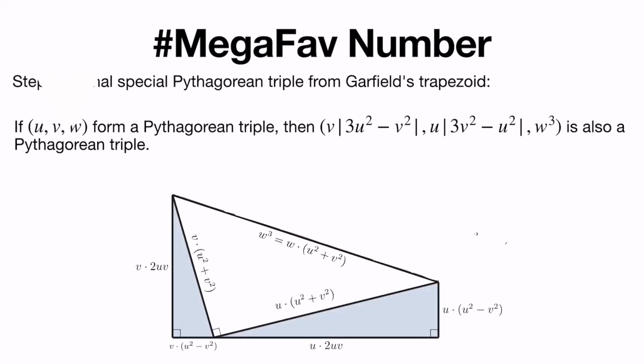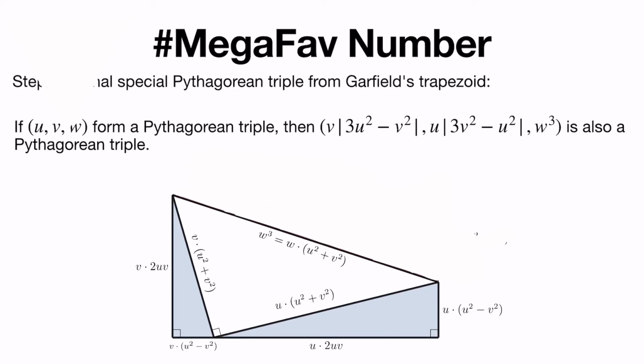Here's how this works. This is a picture of Garfield's trapezoid. You can see that the white triangle that's not shaded comes from the Pythagorean triple u squared plus v squared equals w squared. And then we scale up by the appropriate value. The other two triangles that are blue are similar triangles, and they are related to the other parameterizations that we did.